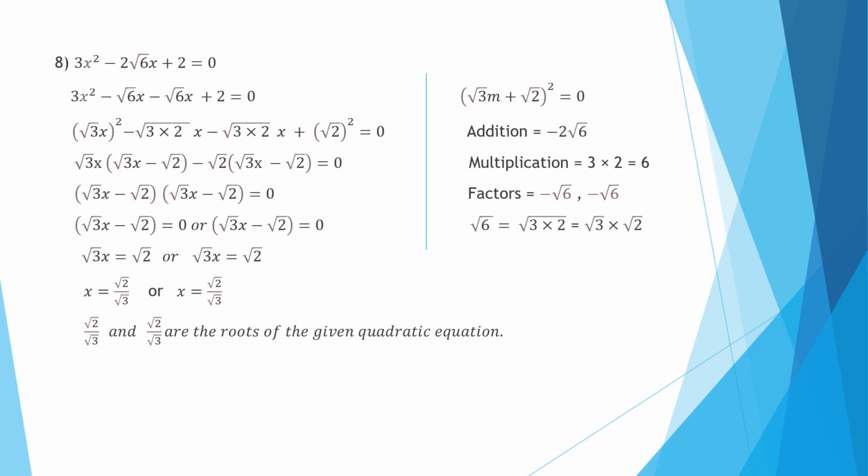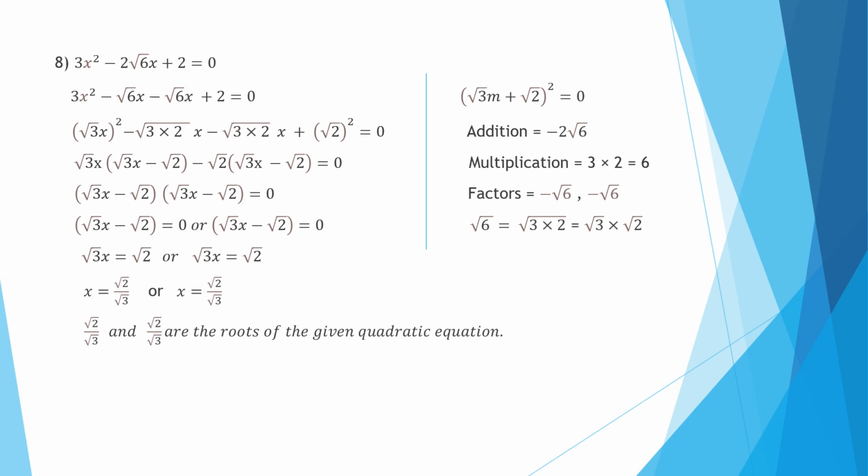So first we write this equation in this form. Minus 2 root 6 is equal to minus root 6x plus minus root 6x. So this root 6 we write root 3 into root 2.